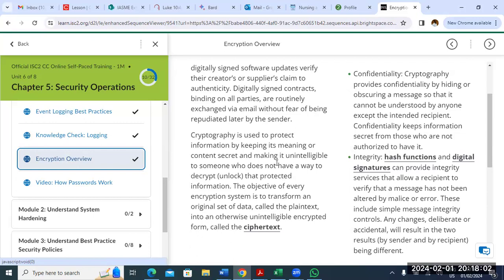So cryptography is also used to protect information by keeping its meaning or content secret, making it unintelligible to someone who does not have a way to decrypt, or unlock, that particular information. The one you can easily read is called plain text.